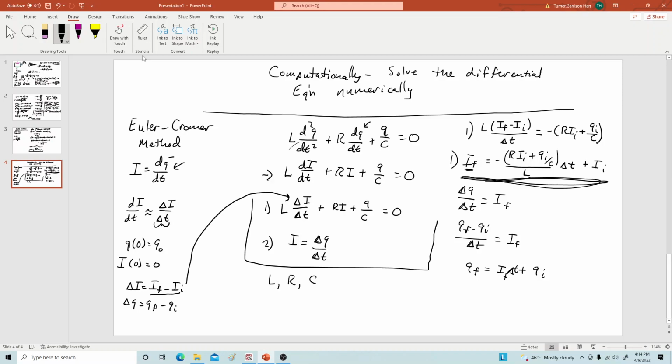Okay, so this method actually shows you the correct solution no matter what the parameters of your circuit are. I'll put it that way. It doesn't matter what the parameters of your circuit are.